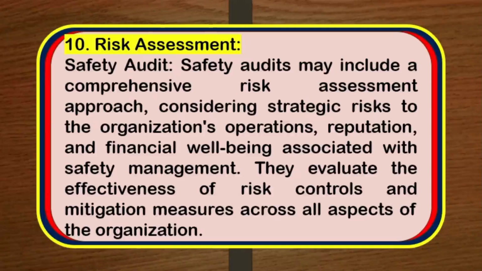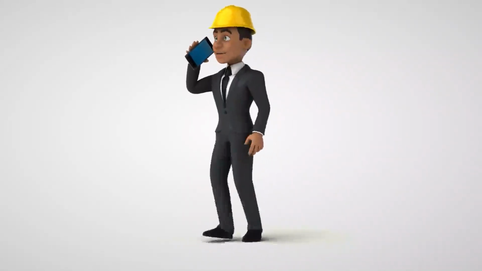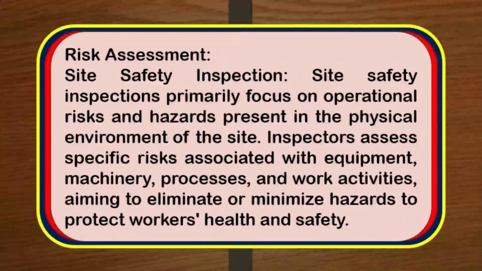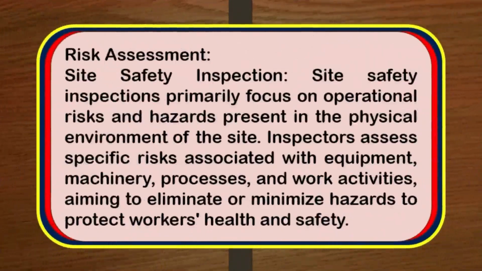They evaluate the effectiveness of risk controls and mitigation measures across all aspects of the organization, whereas the site safety inspections primarily focus on operational risks and hazards present in the physical environment of the site. Safety inspectors assess specific risks associated with equipment, machinery, processes, and work activities, aiming to eliminate or minimize hazards to protect workers' health and safety.